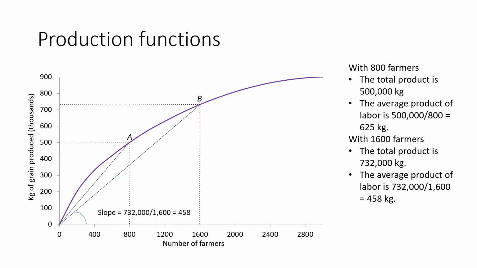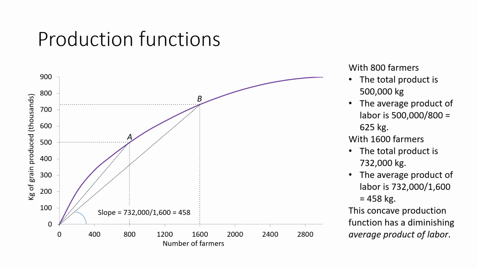Something to note with our graph is that when we started with 800 farmers, we had a smaller total product. Then when 1,600 farmers were introduced, we increased our total product. However, the movement from 800 farmers to 1,600 farmers decreased our average product, which fell from 625 kilograms to 458 kilograms of grain.